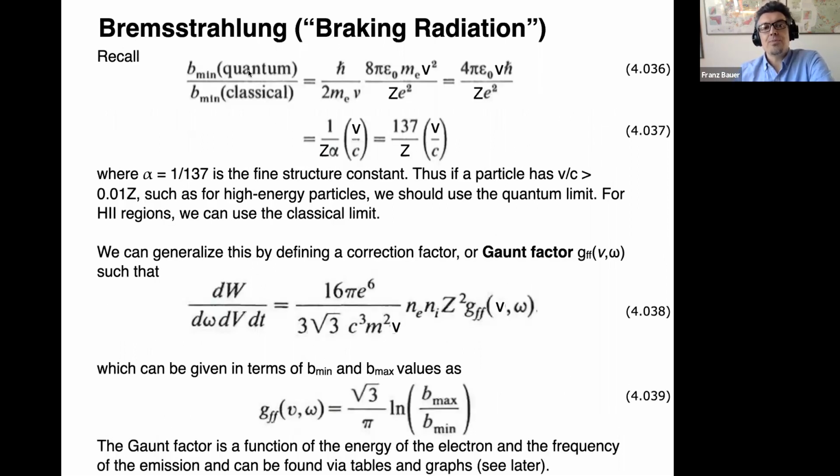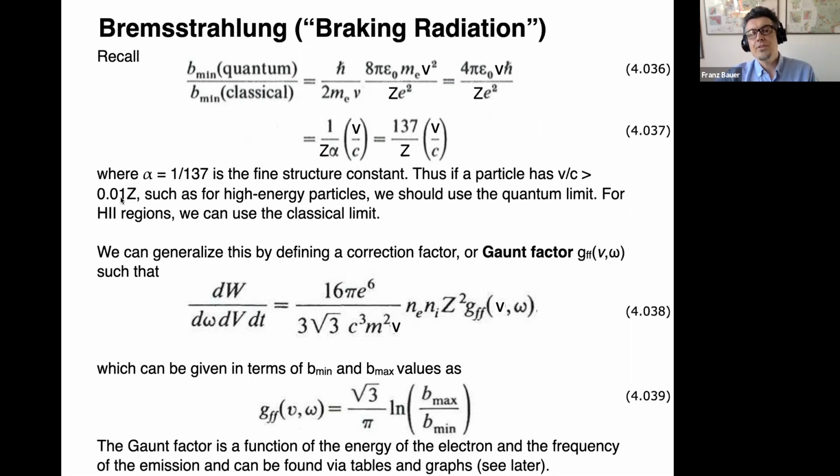And so if you compare these, do the ratio, you again get this relation here, which is akin to some constants times the fine structure constant and the velocity. And so generally, when the velocity is less than about 1% of the speed of light, it's fine to take the classical approach.